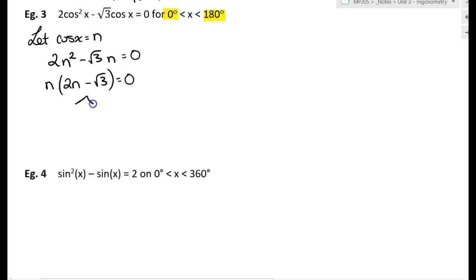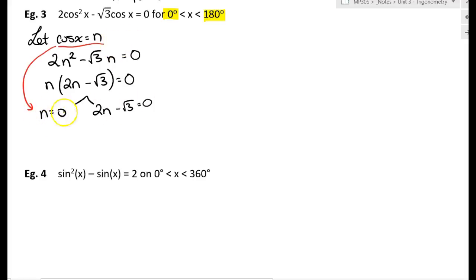Just like before, we've got two factors all set equal to 0. So one of these two numbers that are multiplying together need to be 0. So we've got n is possibly 0, or 2n minus root 3 is 0. Now, you can substitute this guy back in at this point, or you can wait until n is completely isolated.